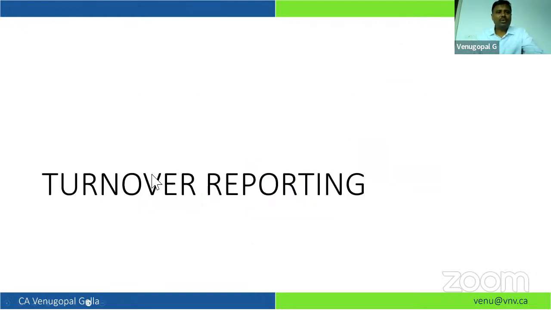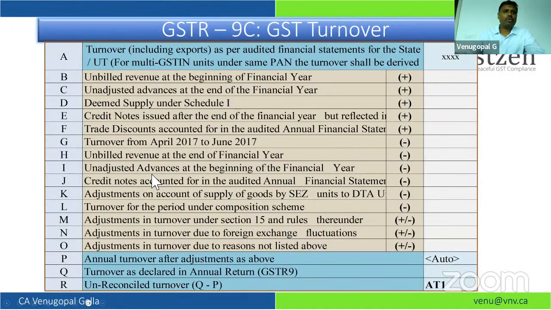Let's start with the turnover reporting. First and foremost, people have to reconcile the turnover from the books of accounts to the GST, because books of accounts go by Accounting Standard 9 or the respective Ind AS, where revenue is recognized on a matching concept and earning basis. While in GST, revenue is recognized basis section 12 and 13 on the time of supply, read with section 31.